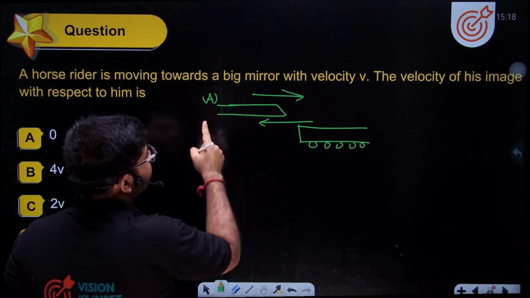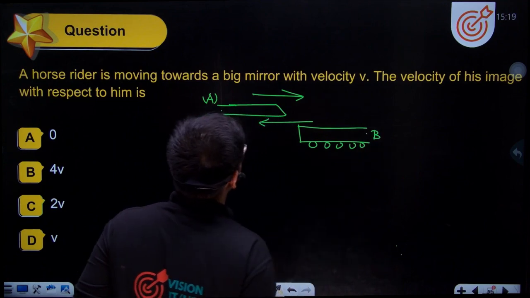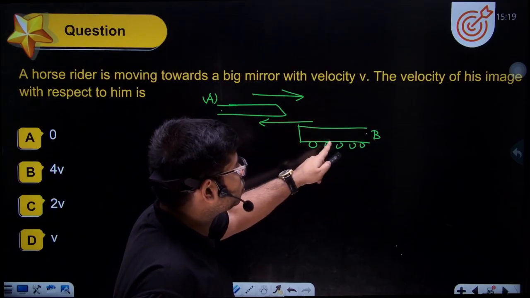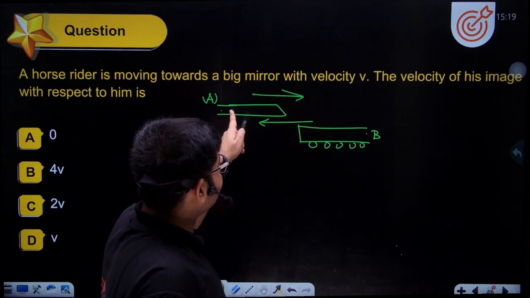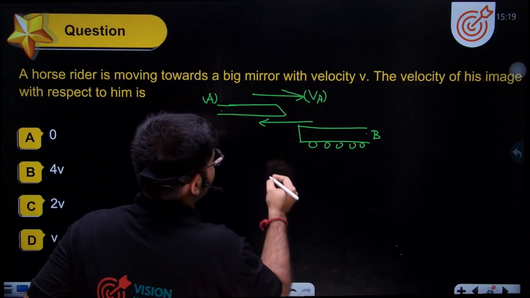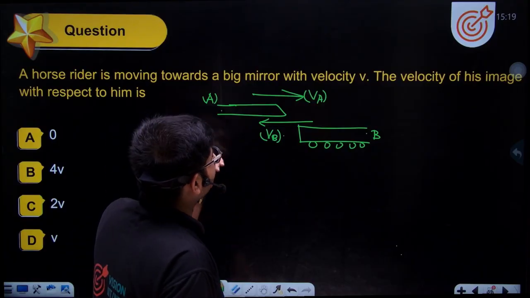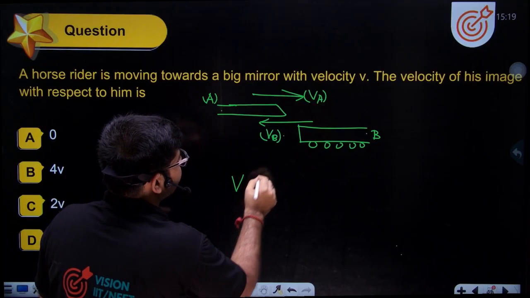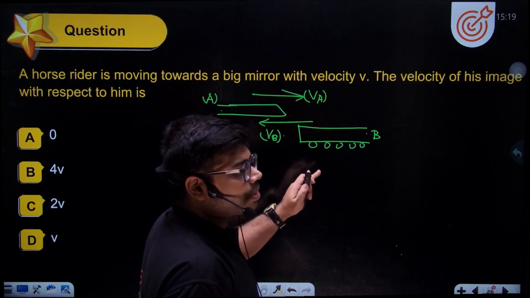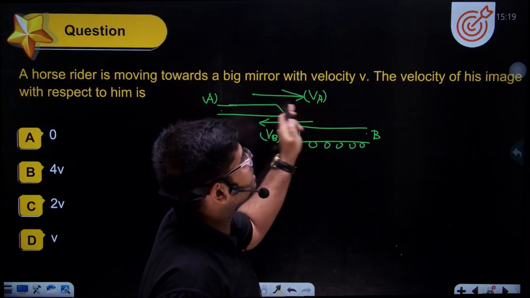Suppose this is body A and this is body B. If I am calculating the relative velocity of A with respect to B, where the velocity of A is VA and the velocity of B is VB, I am talking about the velocity of A with respect to B. That means a person sitting in B, how will he see A moving?